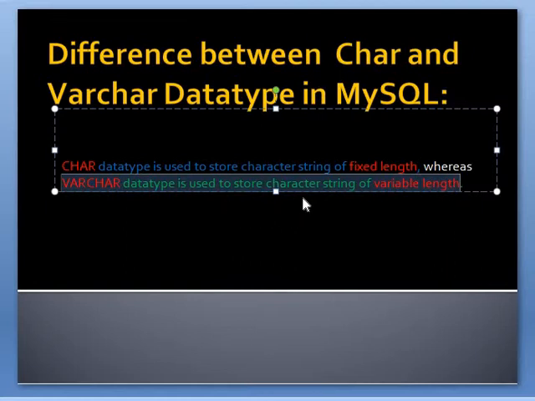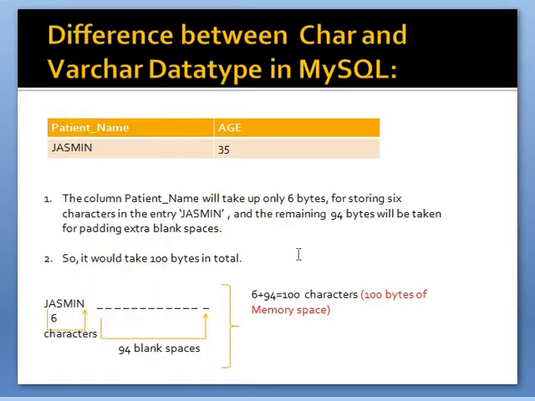And since it can be used to store character string of variable length, we can overcome the problem of wasting these extra 94 bytes of memory space, that was for these extra 94 blank spaces which were padded at the end of the word called Jasmine.